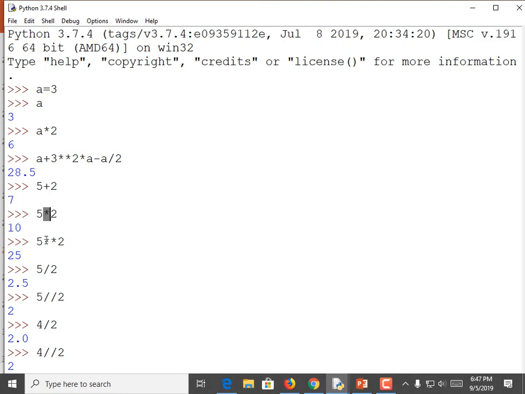That's an operator. That's an operator. That's an operator. That's an operator. That is, and so is that. Operands are the pieces of data that the operator works on. The operator is a plus sign. The operands are 5 and 2. The operator is normal division, and the operands are 4 and 2.